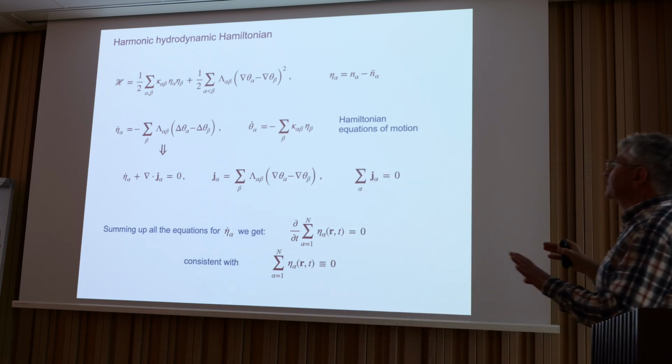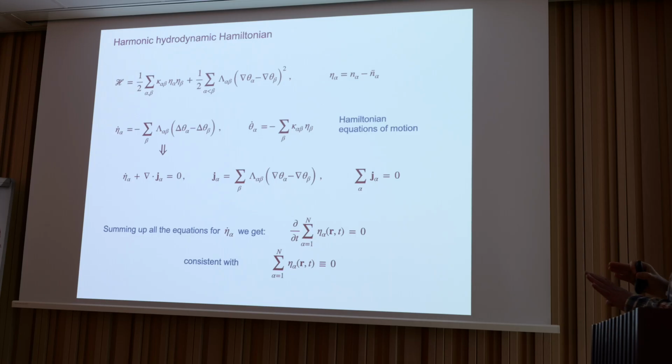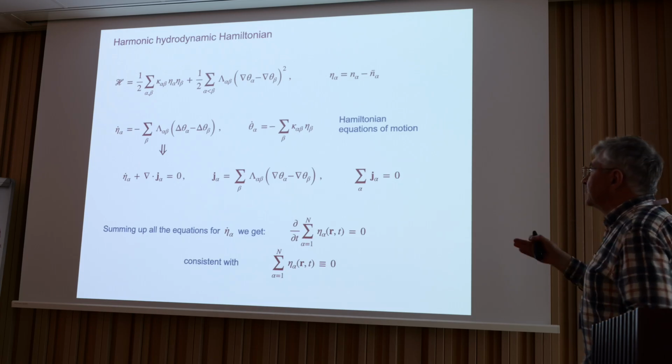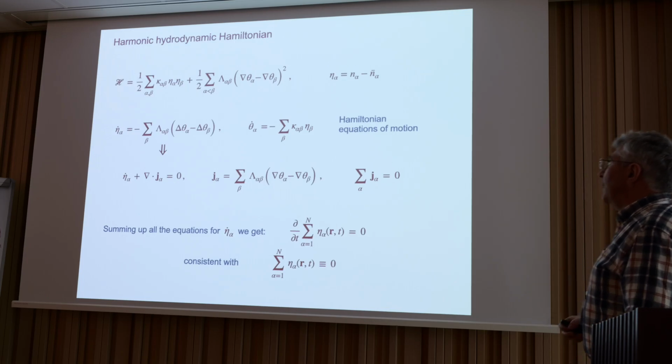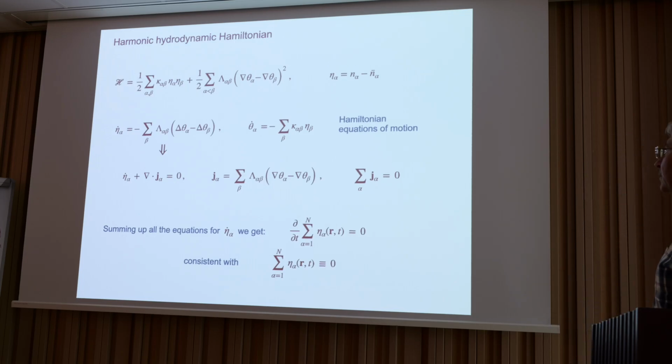So the difference in terms of the gradients of the phase. The gradients of the phase guarantee U1 cross U1 cross U1 and so on. And the difference of the gradients guarantees this compact gauge invariance. So if we add the same field phi to each theta, the Hamiltonian stays invariant.